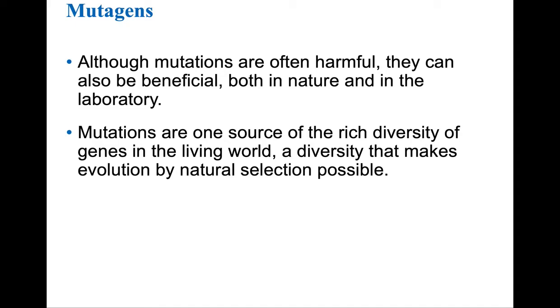The first bullet says, although mutations are often harmful, they can be beneficial both in nature and in the lab. That's how we actually make new creatures, new bacteria that we make and do things with. So we now have bacteria that eat oil. Well, nature didn't come up with the bacteria that eats oil.